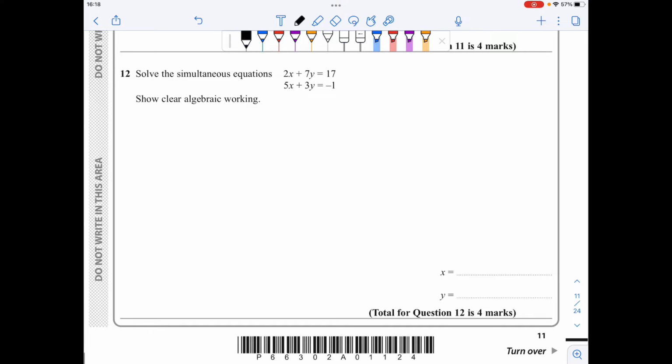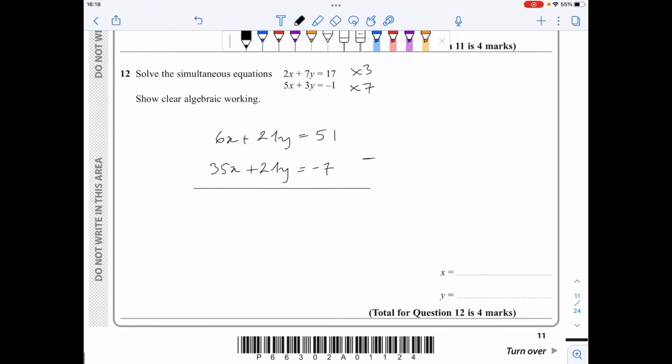In question 12, I will use elimination to solve the simultaneous equations. I'll multiply the first one by 3 and the second by 7. This way I'm going to make the y's exactly the same. So 6x plus 21y equals 51, and 35x plus 21y is equal to minus 7.